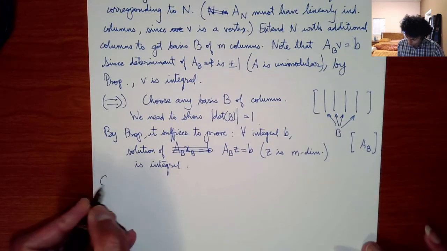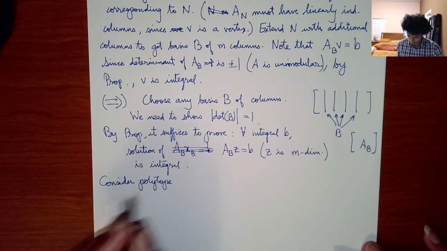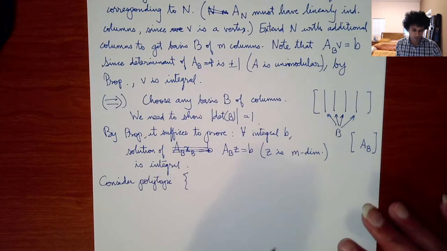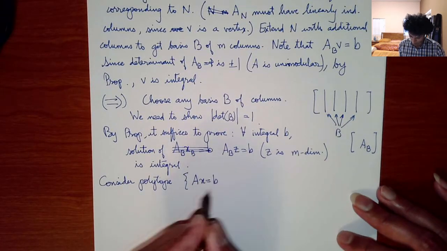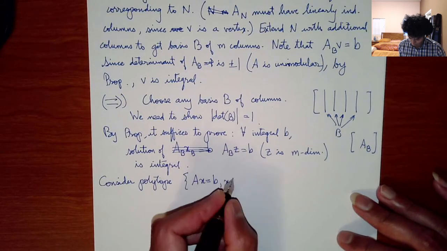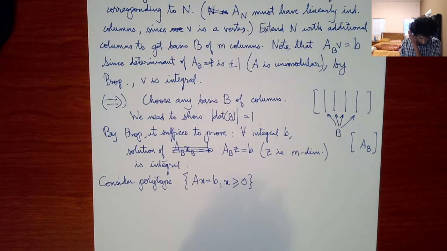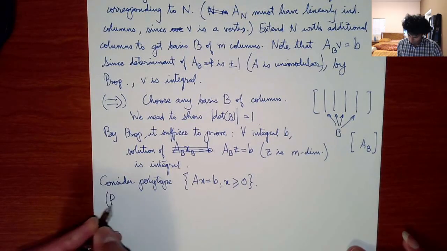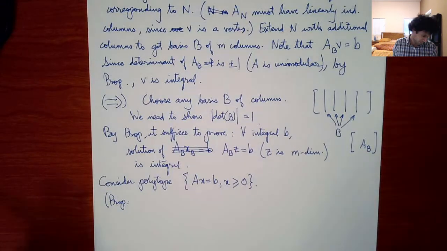So consider the polytope Ax equal to b, x greater than or equal to 0. Now I'm going to state a proposition over here. I'm going to leave the proof as an exercise. This is really a consequence of the previous proof that I showed regarding the simplex algorithm during that lecture.